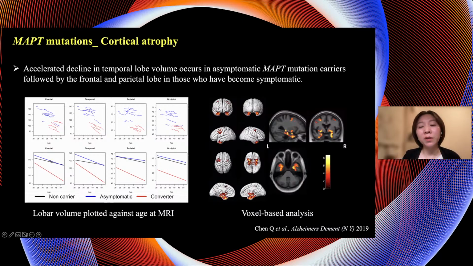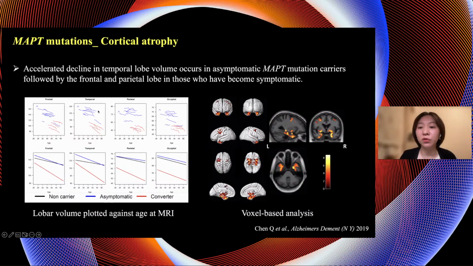So we see here the blue lines are the asymptomatic MAPT mutation carriers. The red lines are the symptomatic mutation carriers who converted from the asymptomatic. The black lines are the non-carriers. In the top panels, the observed trajectories were plotted for the repeated measures for one individual in the raw data.